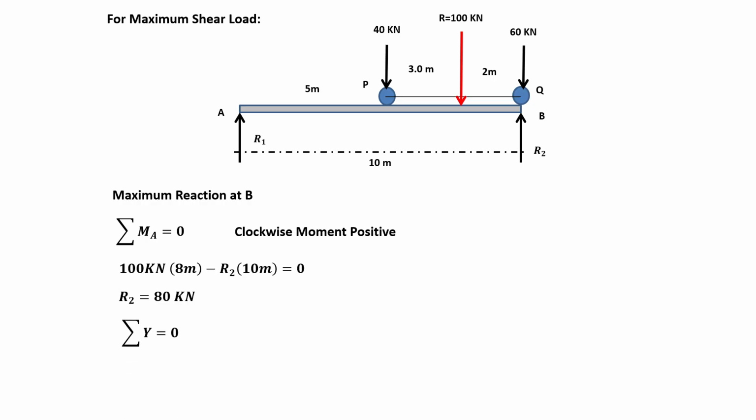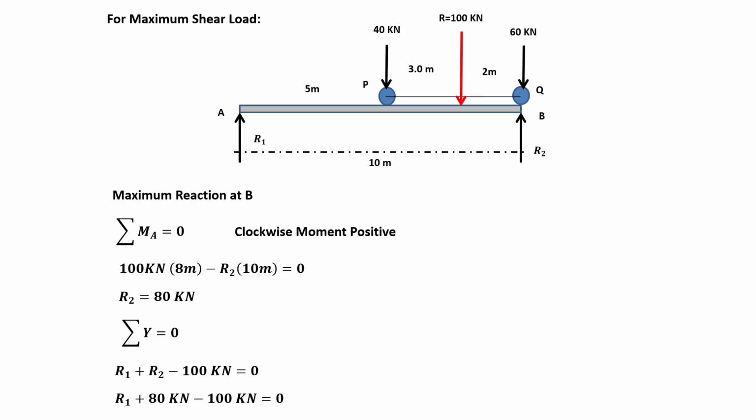Let us now take the summation of all vertical forces equal to 0, then calculate the value of R sub 1. R sub 1 plus R sub 2 minus 100 kilonewton. As we can see, the sign convention of both reactions is positive because their directions are upward, while the 100 kilonewton is negative since its direction is downward.